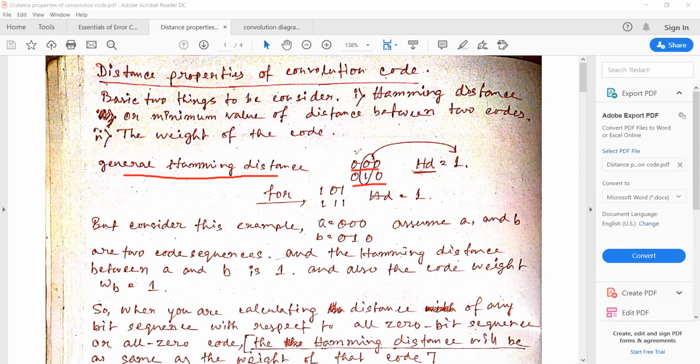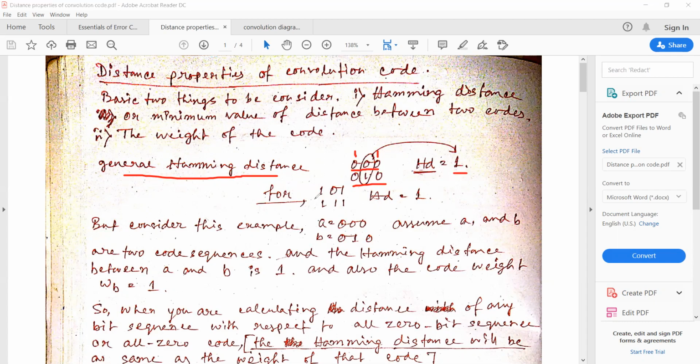The first position is the same, 00, the third position is also the same, 00, but in the second position there is a dissimilarity: 0 for the first sequence and 1 for the second sequence. So there is one dissimilarity between these two code sequences, so the Hamming distance will be 1. The number of dissimilarities between two code sequences is basically the Hamming distance between two codes.